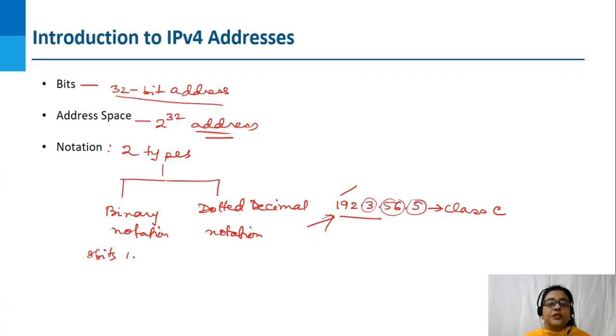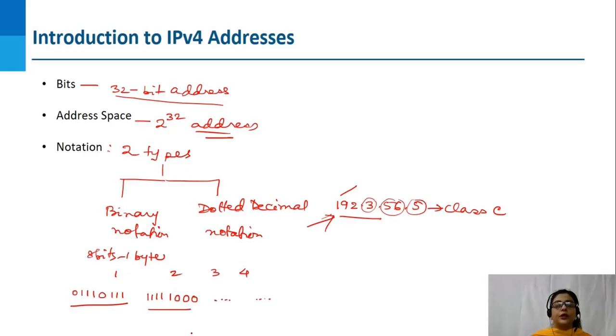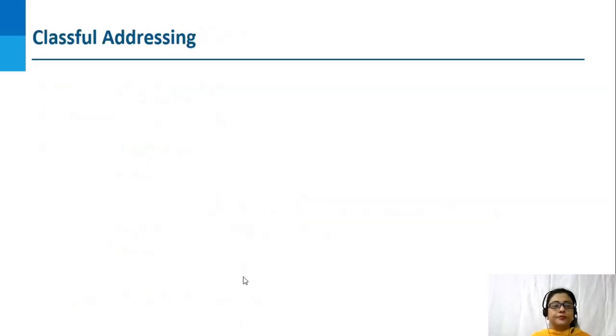So 8 bits means 1 byte. So there will be 4 bytes, 1, 2, 3, 4, each byte consisting of 8 bits. So we can have it like this, 0, 1. So this is the first block of addresses. Second, we can have this is the second block followed by third block and fourth block. So this is known as the binary notation of address.